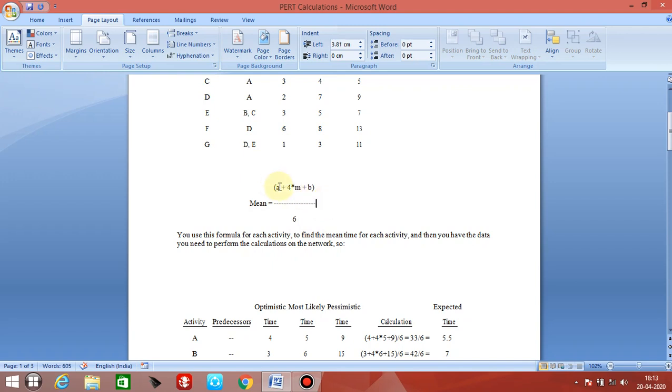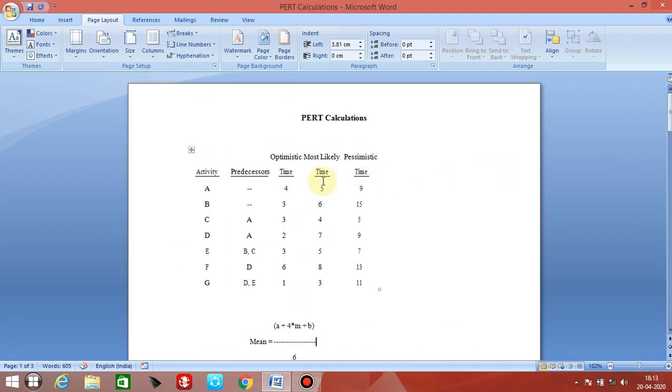That is optimistic time plus 4 into most likely time plus pessimistic time, whole divided by 6. You have to calculate this in the fourth column, after the three times optimistic, most likely, and pessimistic.